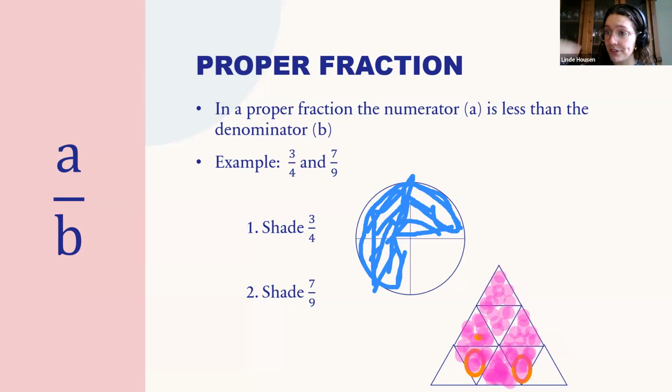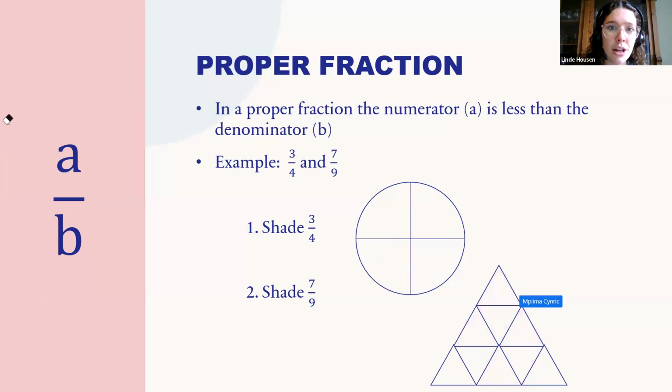And 7 out of 9, so we know 2 pieces will be left over. And that's very important to remember because that will be different when we look at improper fractions. So I will remove the drawings and then we can move on to the next slide.